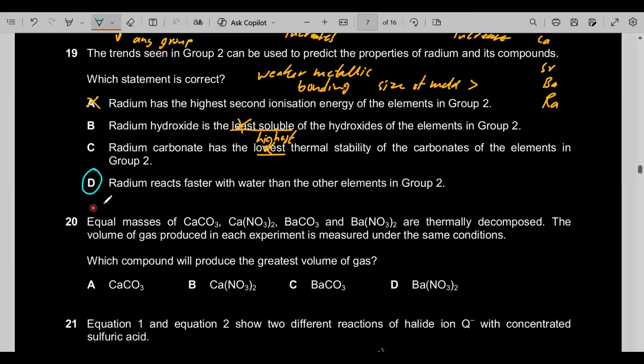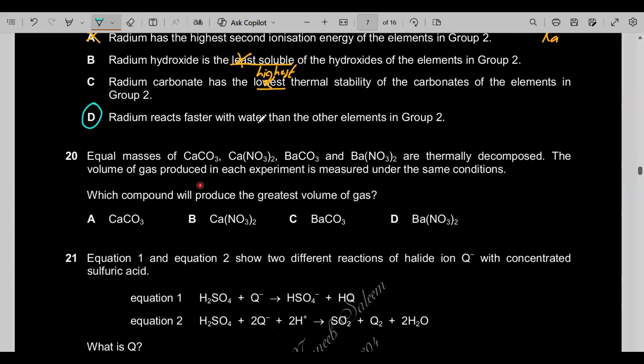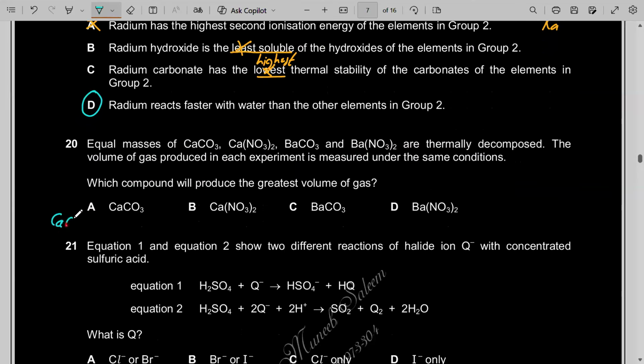Now, question number 20. Equal masses of these compounds are thermally decomposed, which will produce the greatest volume of the gas? If you have to recall the decomposition, we remember that metal carbonates decompose to give the metal oxides plus carbon dioxide. So it will form calcium oxide plus carbon dioxide.